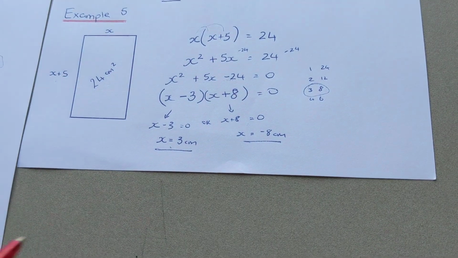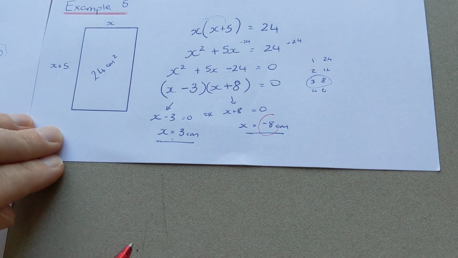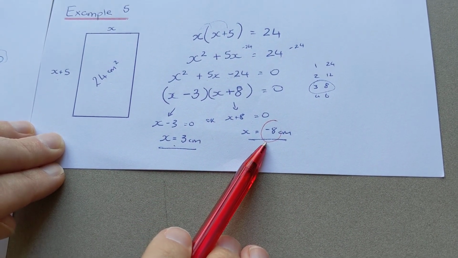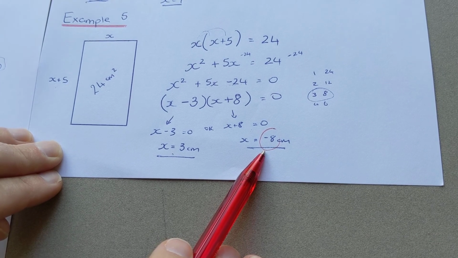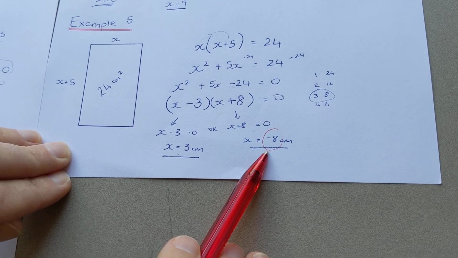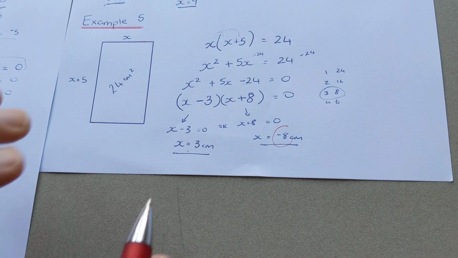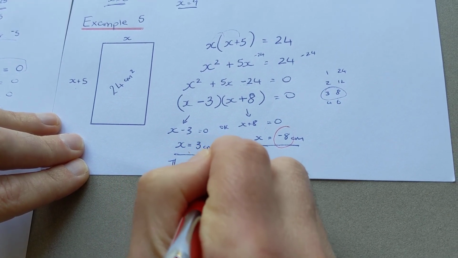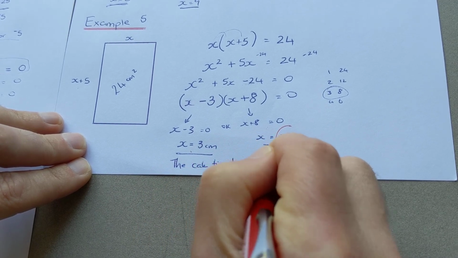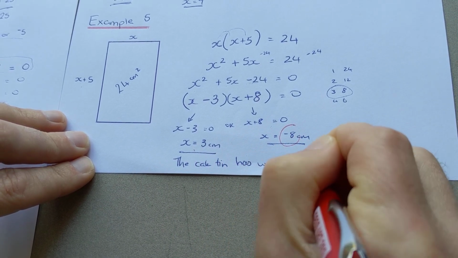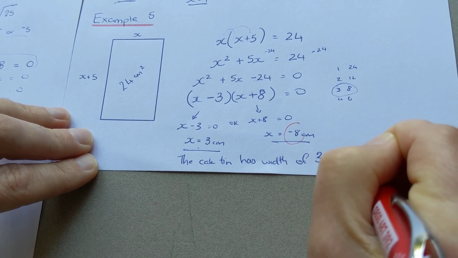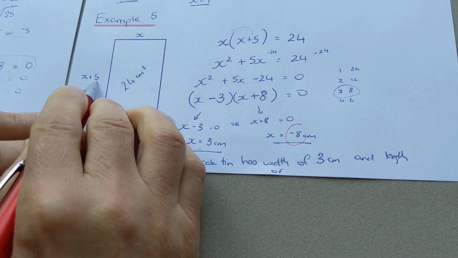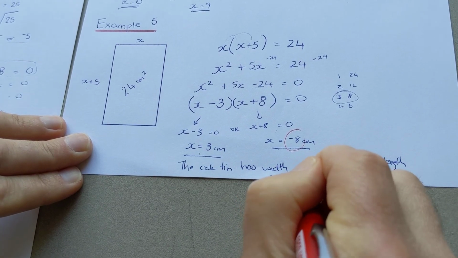Now, of course, that one doesn't make sense. It's a correct answer mathematically, but you cannot have a side which is negative 8 centimetres long. So what we would do there is say the cake tin has width of 3 centimetres and length of 3 plus 5, 8 centimetres.